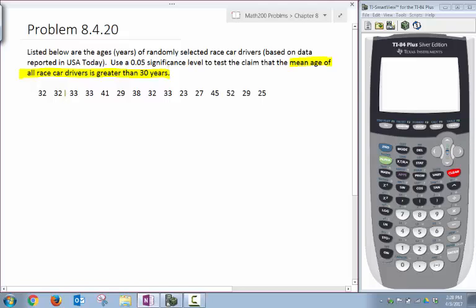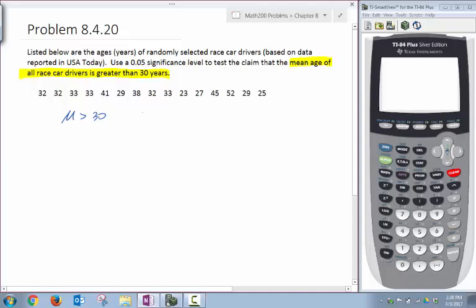So here's our list, and before we get to the list, let's set up our null and alternative hypothesis. First of all, the claim says that the mean age is greater than, so the mean is given by mu, and that's bigger than 30.